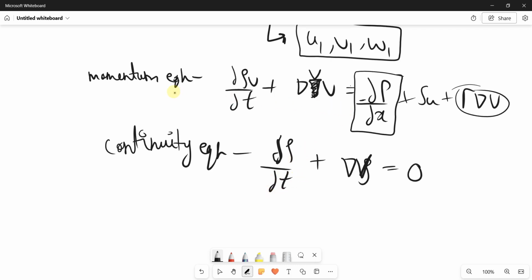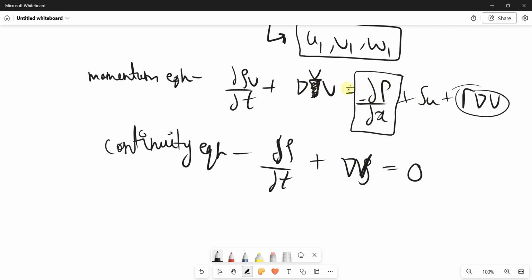So you cannot find the pressure over here directly because it's related to velocities. What you have to do is, when you guess a pressure, then you find velocities, and then you put them into the continuity equation and check how far it is from satisfying the continuity equation, and then based on that you correct the pressure.